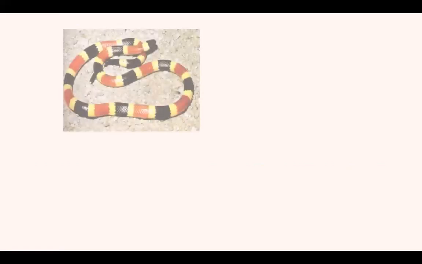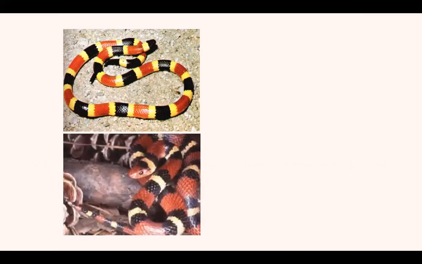All right, so here is an example of a harmless species mimicking a poisonous species. So at the top, well, first, before I tell you which one's which, I want you to just see the difference. The difference in the order of the pattern here.